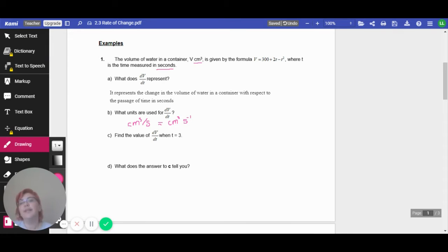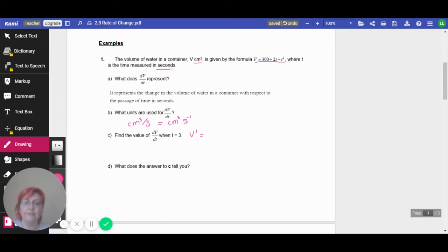All right, let's find the value of the derivative when t equals 3. I'm going to find V prime, or dV over dt, up here in my original function. I start with 300. Well, n is 0, so even though a is 300, 0 times 300 is 0, and indeed the whole term would be 0.